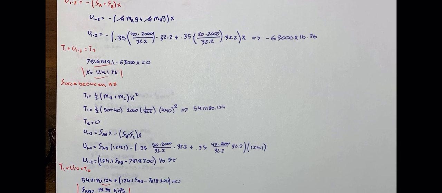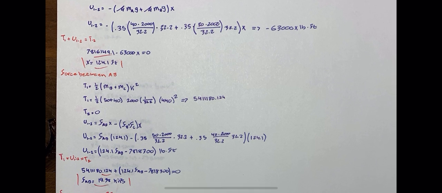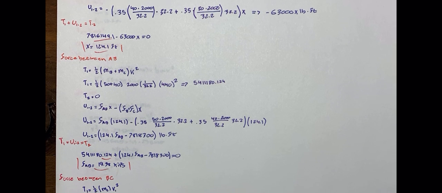Knowing that T1 plus the work is equal to T2, we can plug in our knowns and solve for X, getting 124 feet.